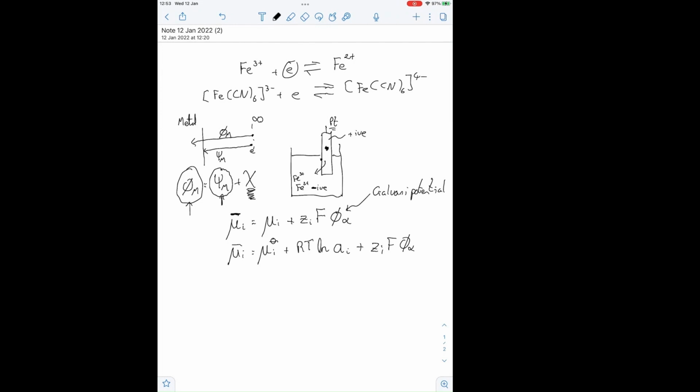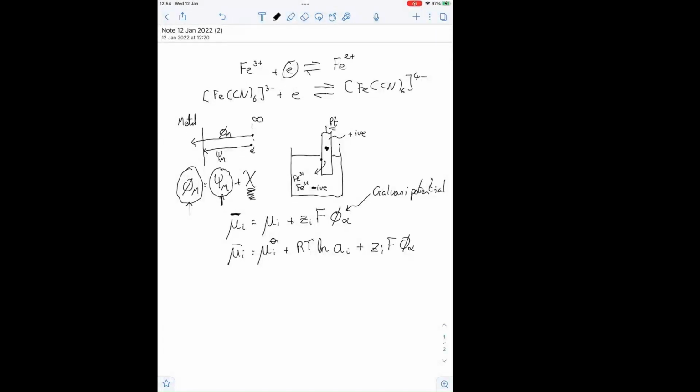So at equilibrium across this interface, the sum of the chemical potentials of the reactants must equal the sum of the chemical potentials of the products.